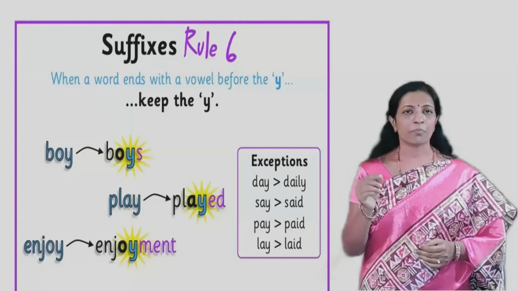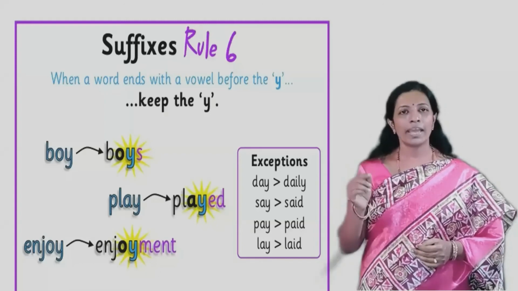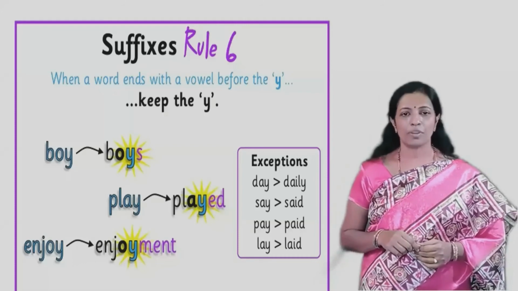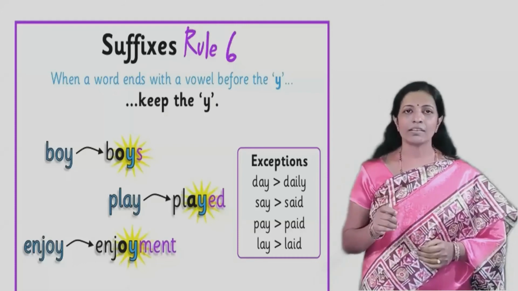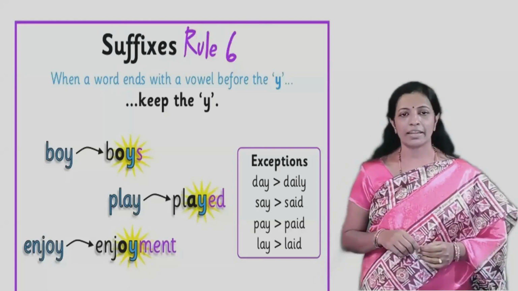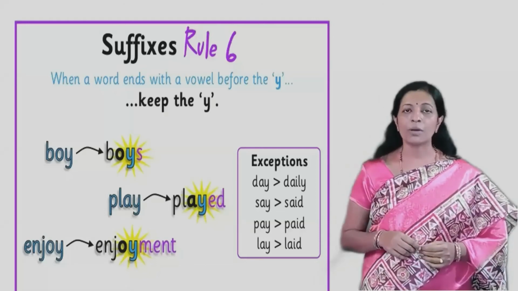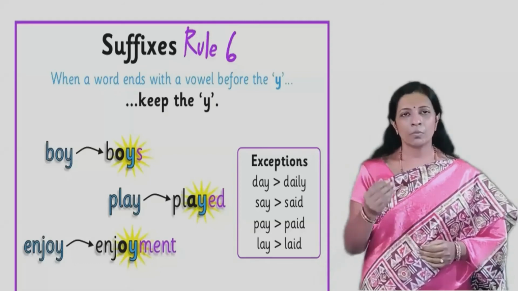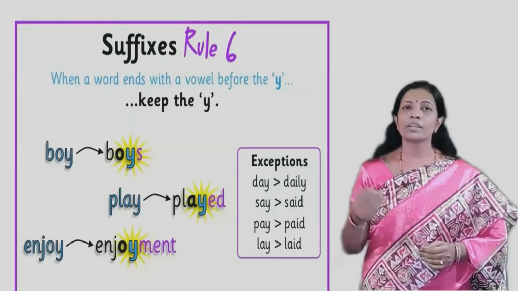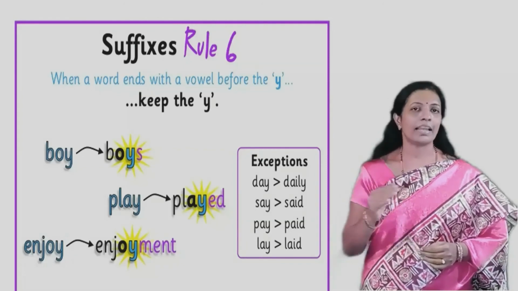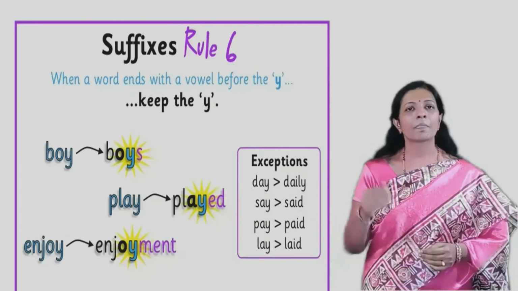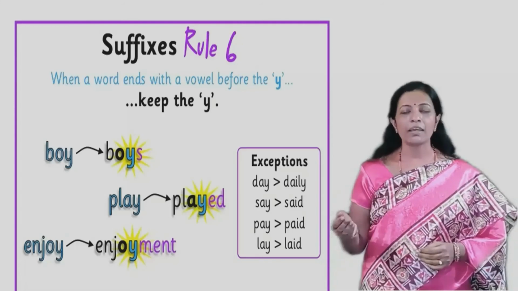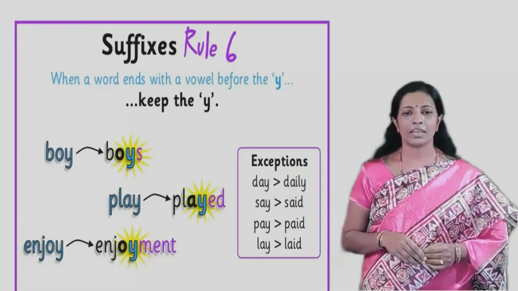So, for example, boy. The word boy ends with Y, but the letter Y is preceded by a vowel. Then, in such cases, after the suffix is added, the new word which is formed retains the letter Y. For example, boy, when we add s to it, it becomes boys, and the letter Y is retained. Play, when we add ed to it, it becomes played, and the letter Y is retained.